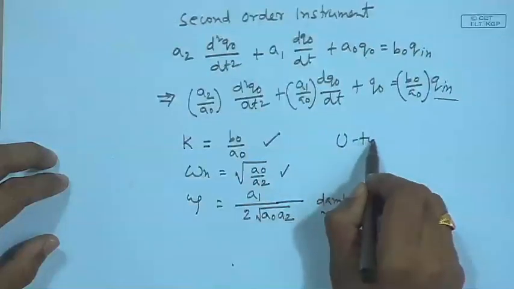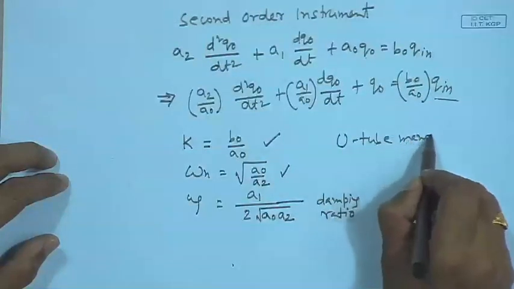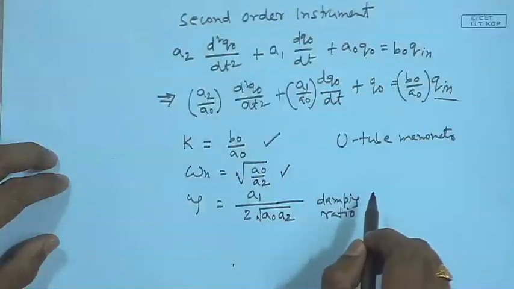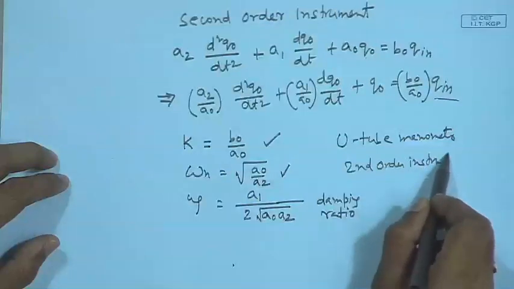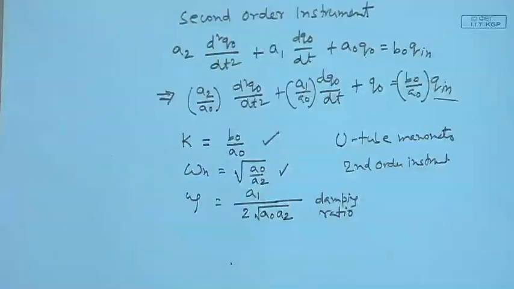U tube manometer is a good example of second order instrument. How these instruments, whether it is first order instruments or second order instruments, will behave when these instruments are subjected to a known input, you are familiar with those responses, because the response of first order systems, response of second order systems for various inputs have been discussed in detail in the process control part of the course.